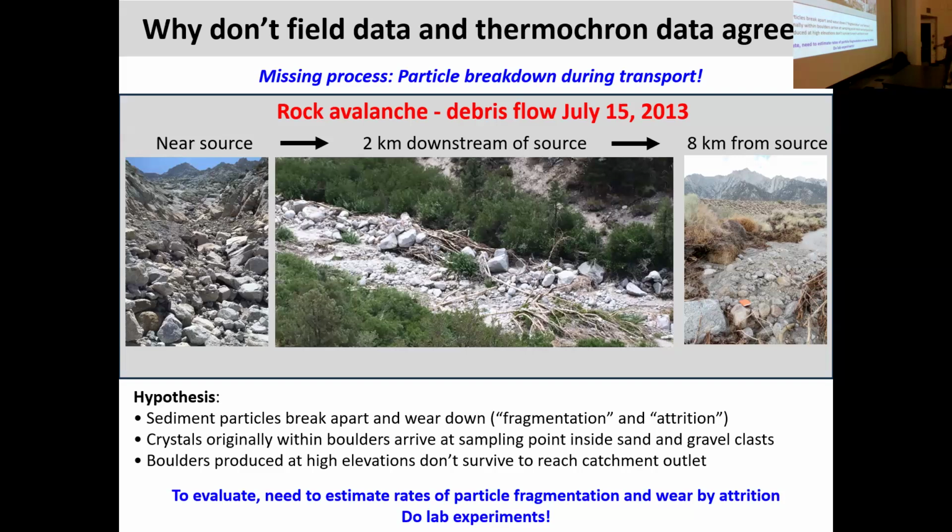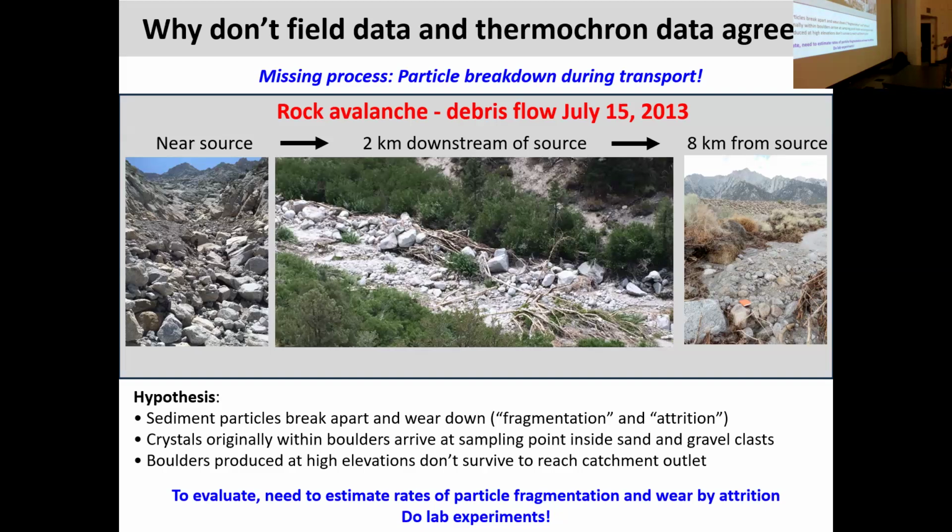And so that would mean that crystals being sampled in Claire's lab work were originally in boulders, but they might show up as sand down at the sampling point, or some other size, gravel. Whereas nothing makes it to the sampling point as a boulder unless it came from right next door. If you're a boulder and you're born way up there, you're not going to show up as a boulder at the outlet. So that's the hypothesis.